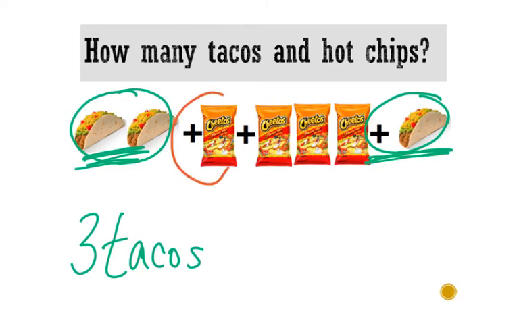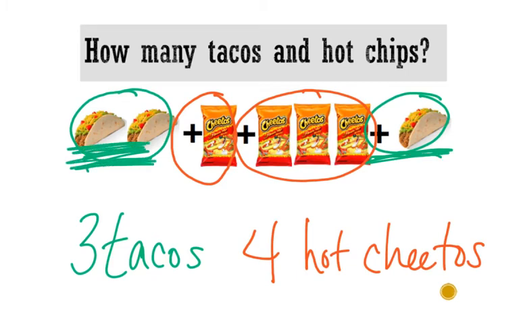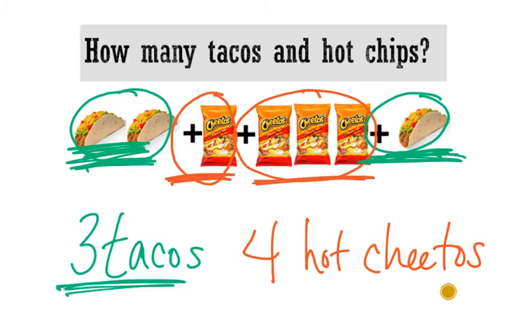We have 1 bag of hot chips plus 3 bags of hot chips equals 4 bags of hot Cheetos. Okay, so we're combining things that are the same. 2 tacos plus 1 taco makes 3 tacos. 1 bag of Cheetos plus 3 bags of Cheetos equals 4 bags of hot Cheetos.